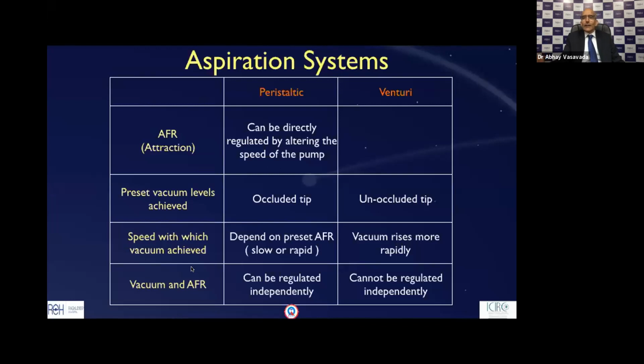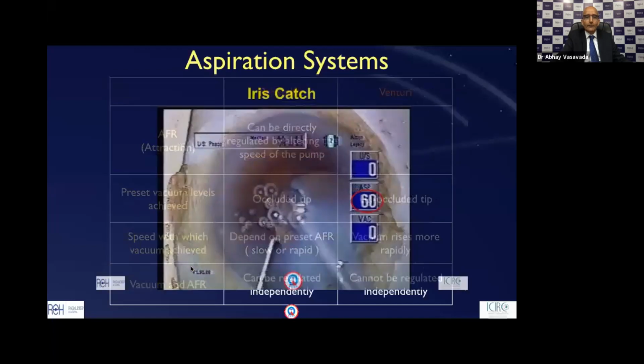You cannot do that in Venturi. Therefore, if you raise the vacuum, the safety will be compromised. So the real advantage of the peristaltic, and I think that's the reason it's being used so widely, is that you are able to separate the attraction flow rate from the vacuum.